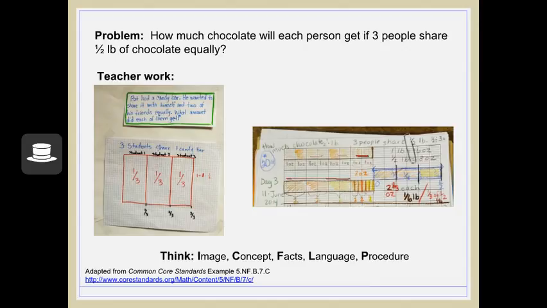And to do that, the teacher divides each of these ounces into 3 equal portions. So here's 1/3 of an ounce, and then our 3 people each of them gets 2 of these thirds. So each of our 3 people who are sharing the chocolate get 2 and 2/3 of an ounce.